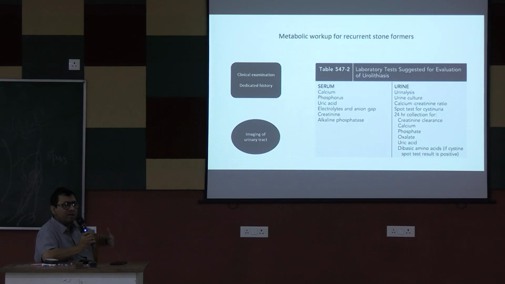So those who are recurrent stone formers, we have to find out whether the patient is having any metabolic disorder, through clinical examination, dedicated history, imaging of the urinary tract and biochemical tests. The details are not necessary at the undergraduate level, but you should know that these are the things to be done to find out or prevent further development of the stone in the recurrent stone former.